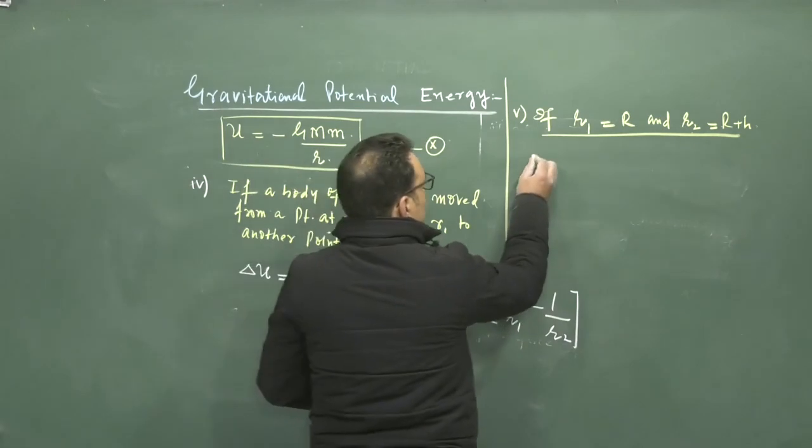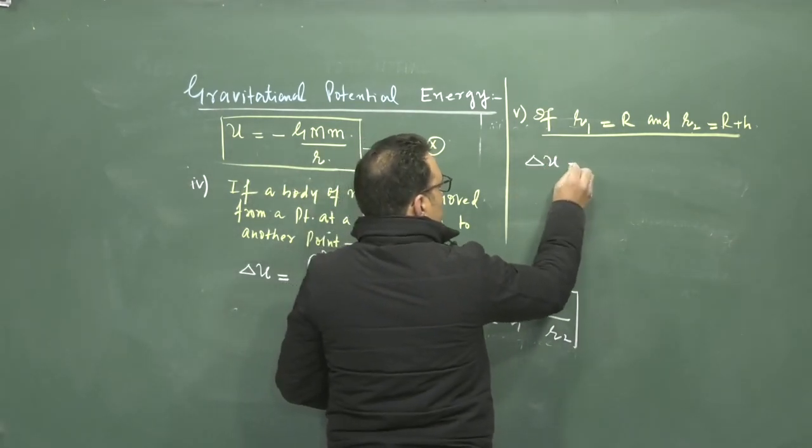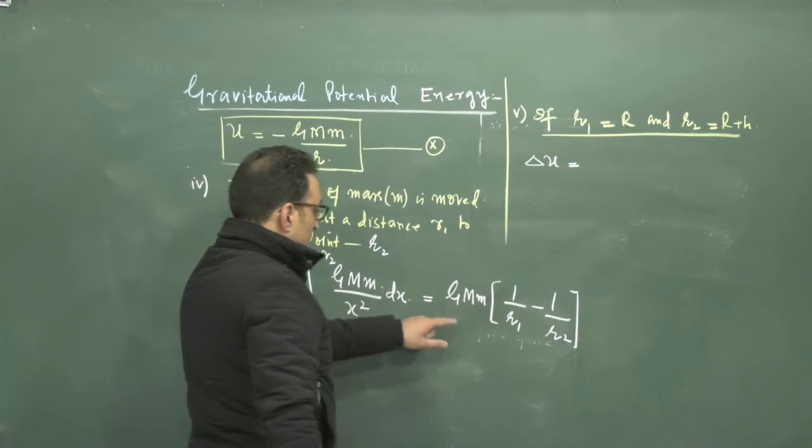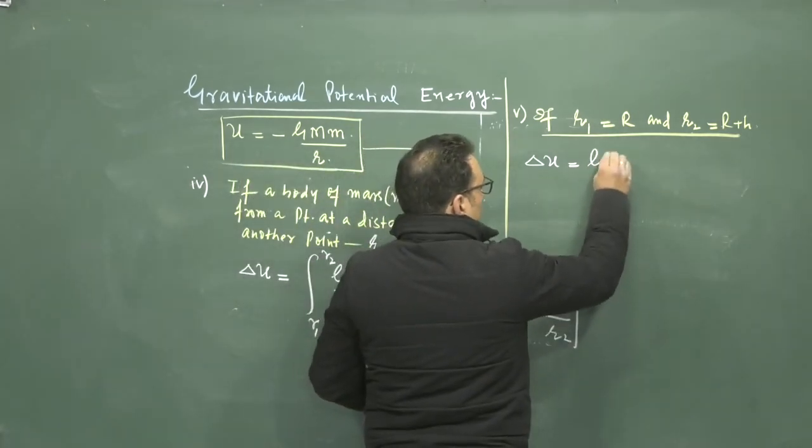Therefore, the change in gravitational potential energy, that is delta U, comes out to be GMm.